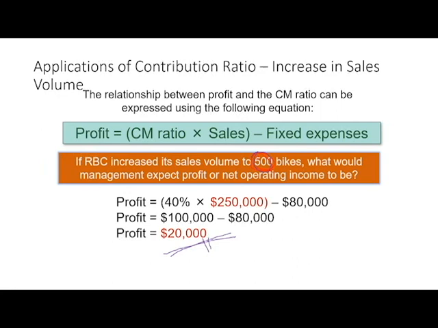So instead of using the income statement equation approach, now we're using another equation approach, applying the CM ratio, and we also get the same answer in finding the profit of the company.